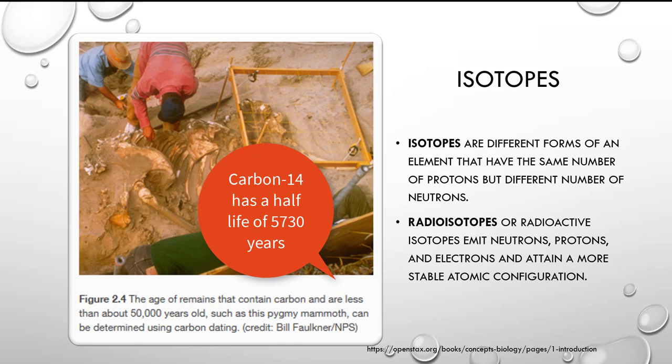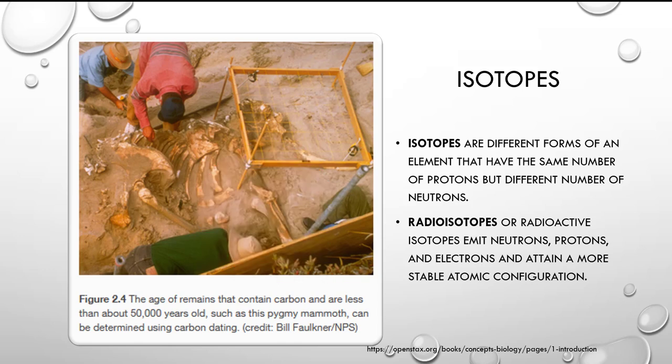So we can figure out how old a fossil is by figuring out the ratio of carbon-14 to nitrogen-14, and by doing that we can figure out how old it is. It's helpful in dating things, and we can use other radioisotopes to date even older things. There's potassium, I think it's potassium-40 or something like that.